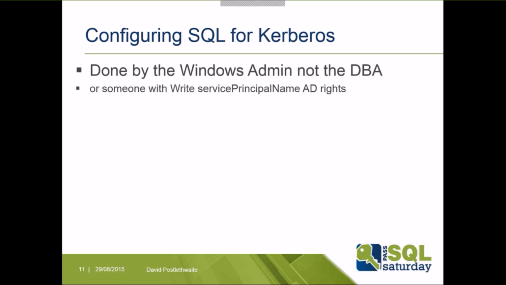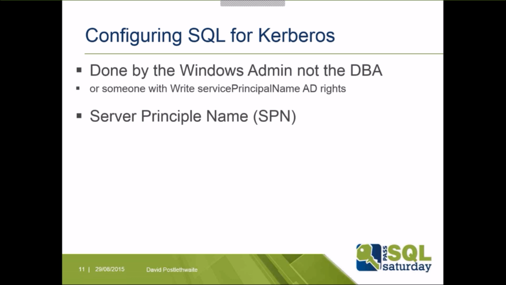To enable Kerberos authentication on a SQL instance, we must register what is called a service principal name, or an SPN, for our service. An SPN is a unique name by which a client can identify a service on a particular host, and these are stored in the Active Directory.